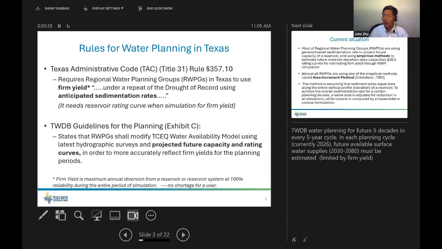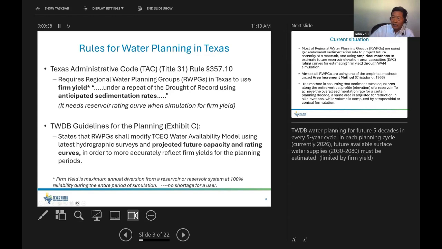And so by this rule, the reservoir rating curve must be used in the simulation for firm yield. In Texas, it's a common model called the water availability model.